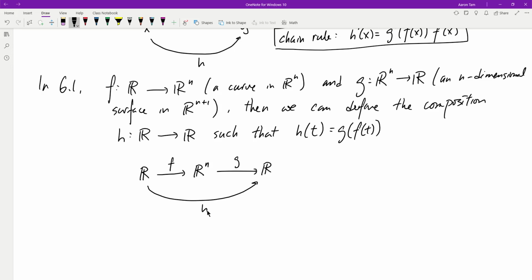Another way to look at it is the following. It starts with the input t, changed by f to some position vector x for a curve, and then the position vector x goes through g, gives some kind of output y, and the function h directly links t and y together.